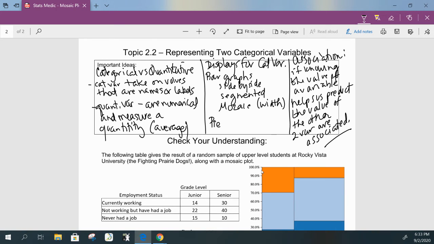The mosaic plot is considered a modified bar graph, segmented bar graph. And it is proportional to the size of the groups that you're working with.